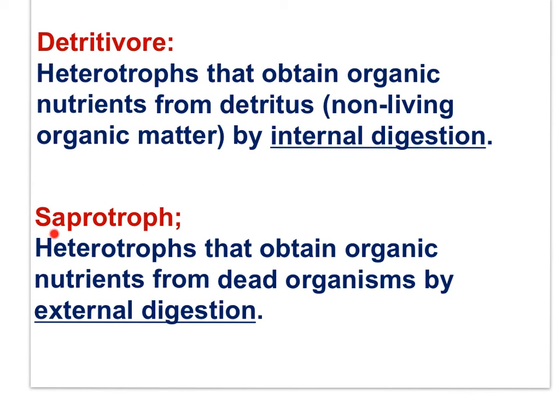Now, decomposers or saprotrophs are heterotrophs that break down organic molecules of dead organisms into simple inorganic molecules through an external digestion. Saprotrophs break down complex organic molecules into simpler inorganic molecules by living in or on dead organic matter and secreting digestive enzymes into the dead organism and then absorbing the small molecules. By way of contrast, we tend to think of consumers as heterotrophs that feed on living organisms by ingestion.